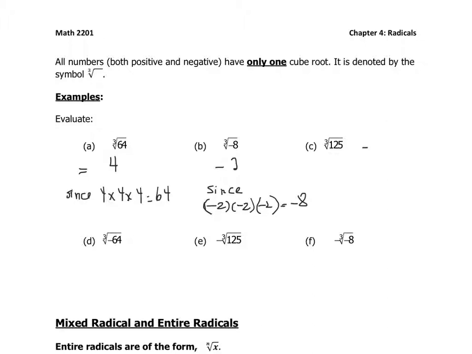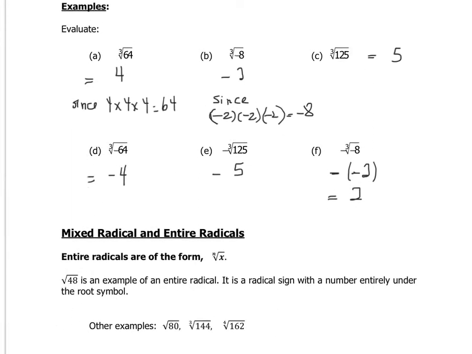And the cube root of 125 would be 5, since 5 times 5 times 5 is 125. And the cube root of -64 would just be -4. And this one here is the negative of the cube root of 125, which is the negative of 5. And the last one here would be the negative of the cube root of -8, which would be -2, because -2 times -2 times -2 gives you -8. And these two negatives then would cancel each other out and give you a resultant answer of +2.